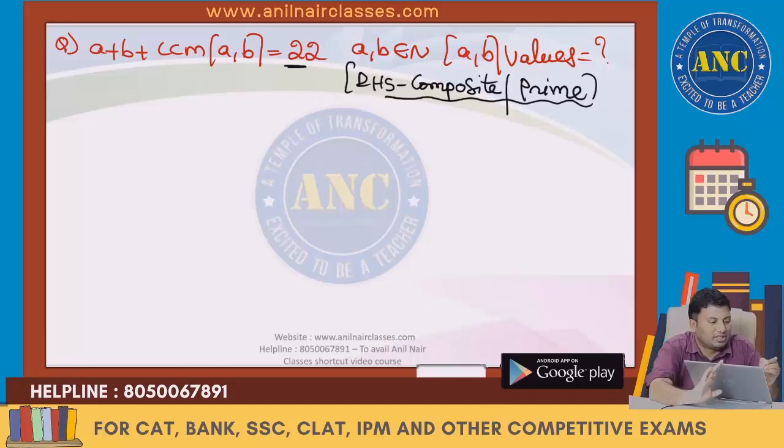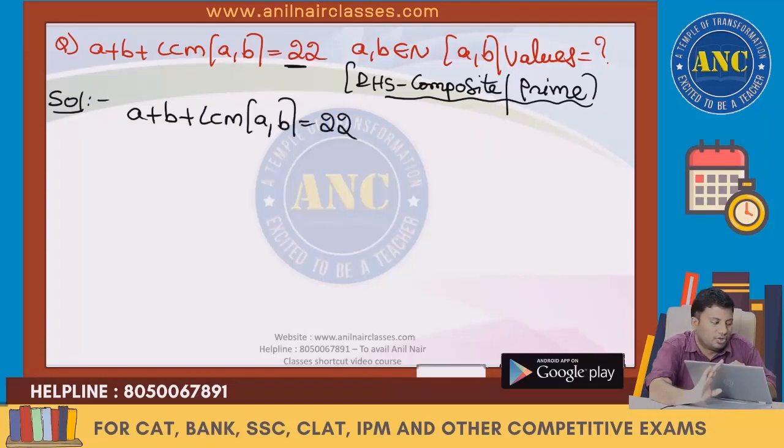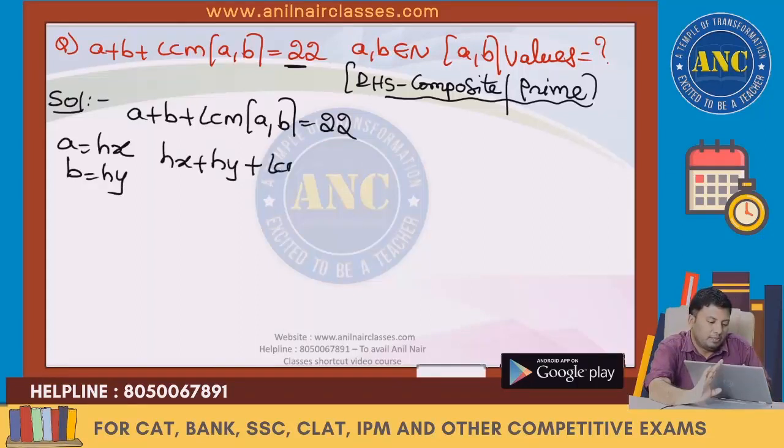Listen carefully, sir. Solution. A plus B plus LCM of A comma B equivalent to 22. A is HX, B is HY. This will become HX plus HY plus LCM of HX comma HY equivalent to 22.